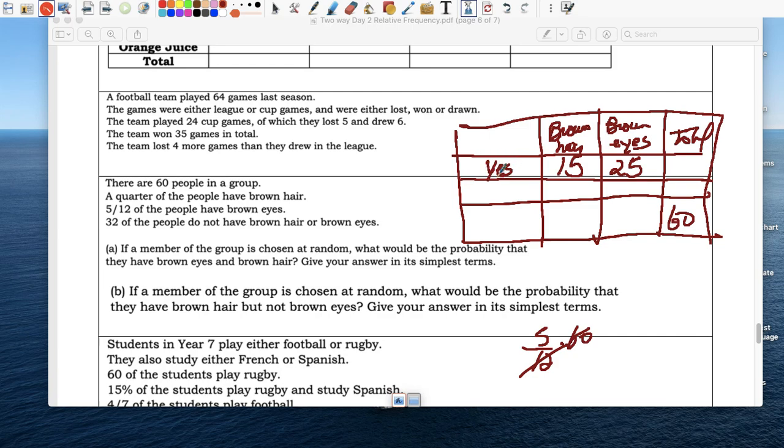This is yes and no. Yes, they have brown hair, and then no, they don't have brown hair or brown eyes. And then 32 of the people do not have brown hair or brown eyes.